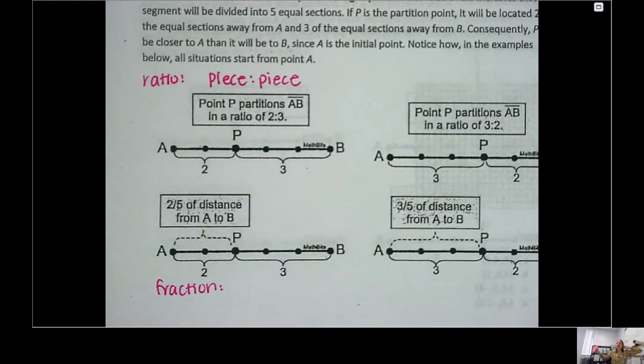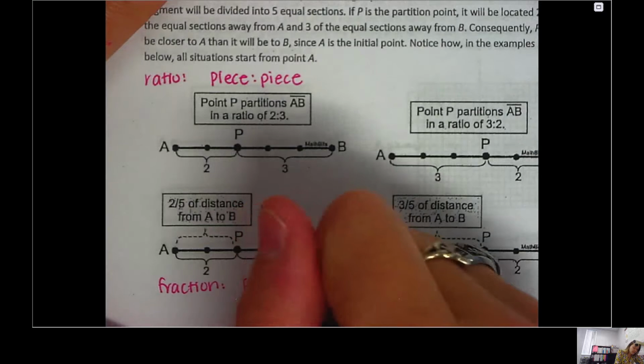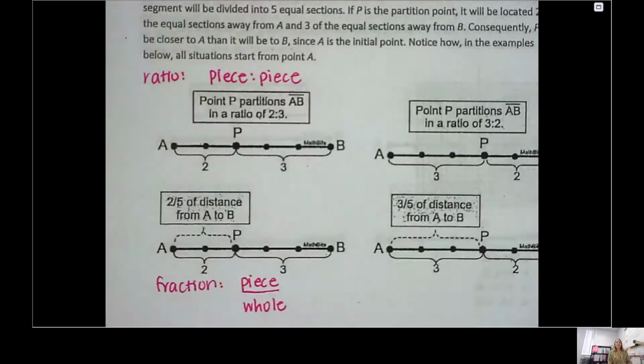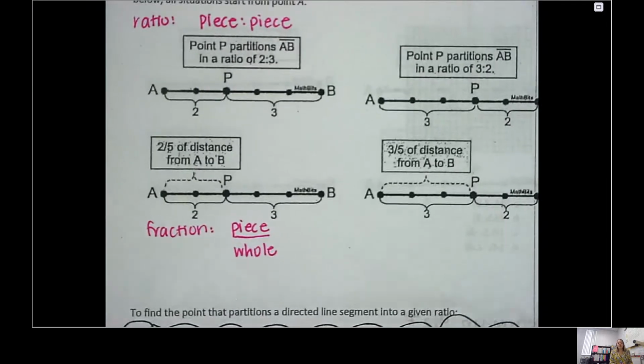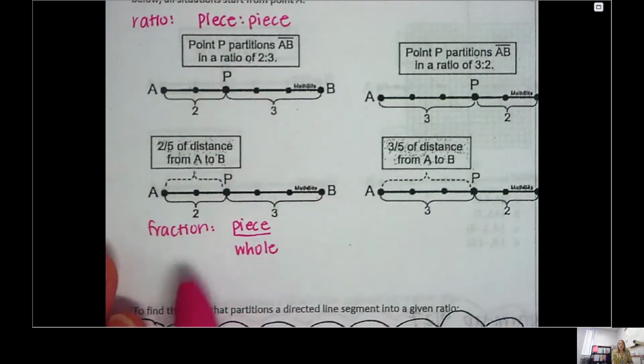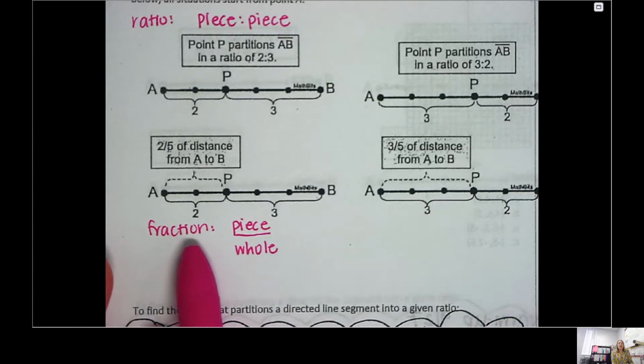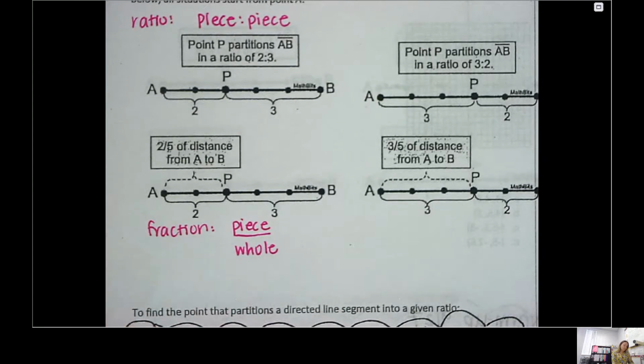So 2 to 3 as a ratio is not the same thing as 2/5 as a fraction, which means 2 out of the whole thing. So it's pieces out of the whole. When we write our equations for partitioning, we have to use the ratio form. We cannot use the fraction form. That's something we're going to work on practicing as we go through.